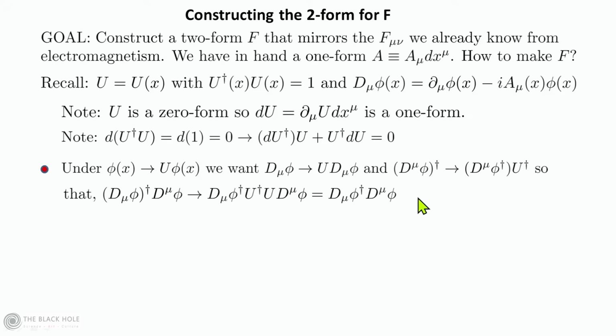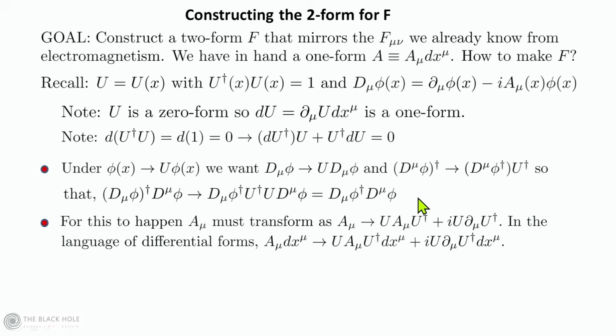So then that makes the kinetic part of the Lagrangian invariant. But A has to transform, and this will be true only if A mu transforms like this.